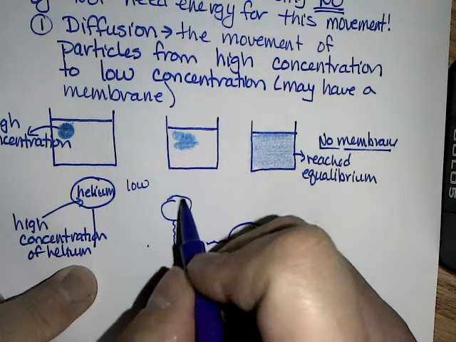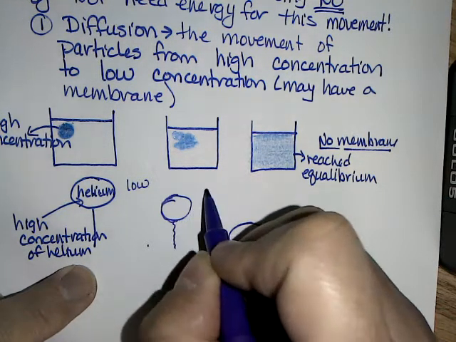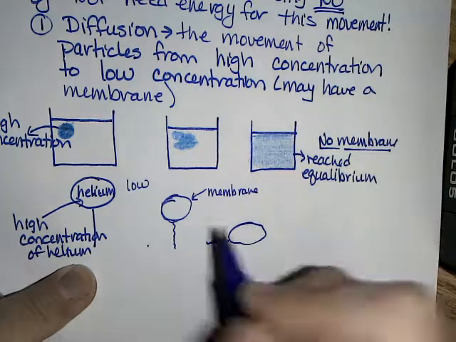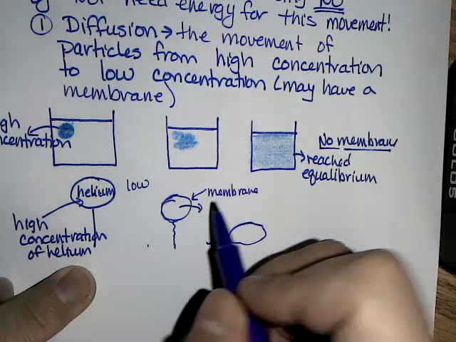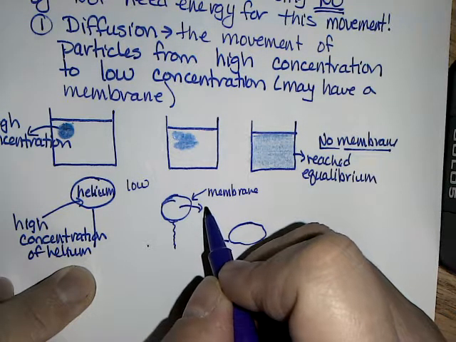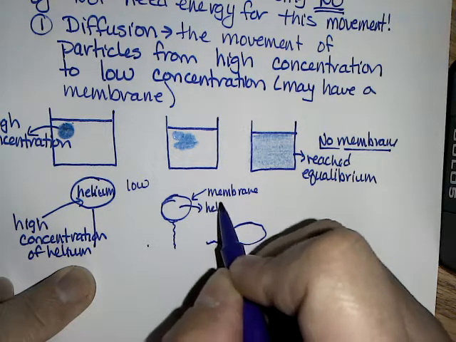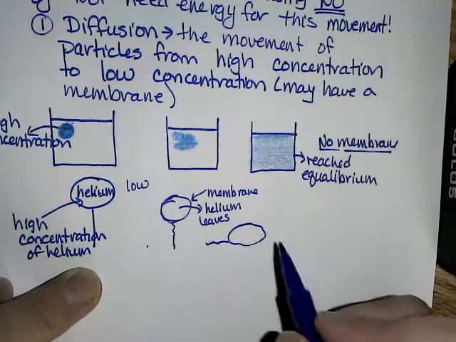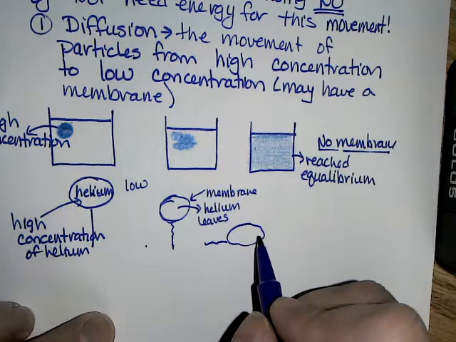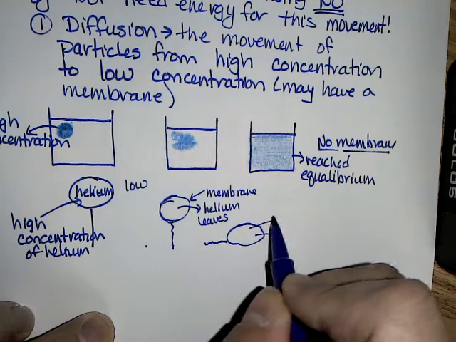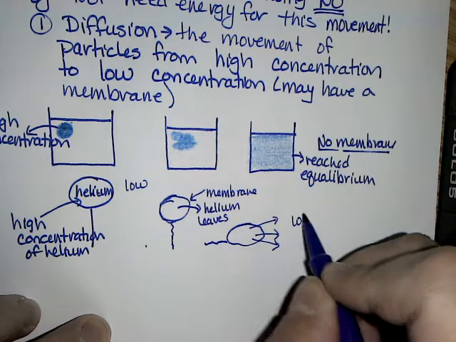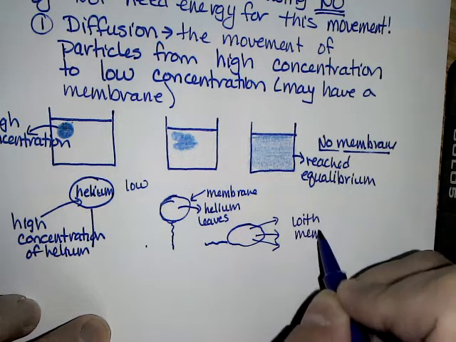So over time, that balloon acts as a membrane, and some of the helium is allowed out. Helium leaves. And as that continues, less and less helium is going to be in that balloon because it's wanting to get out. So this is with a membrane.